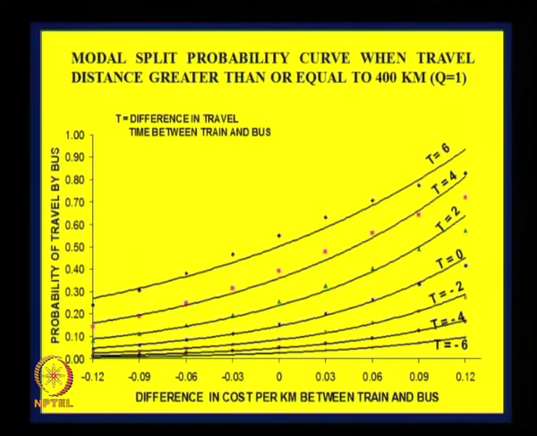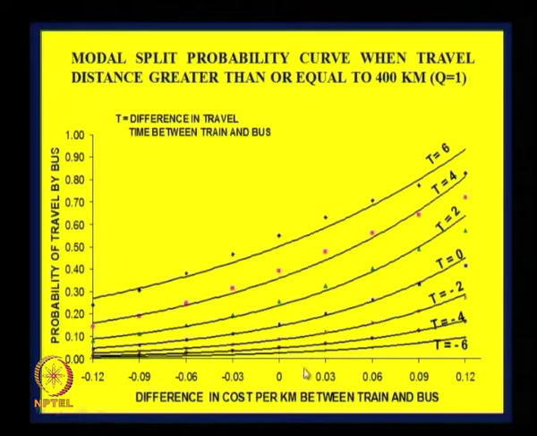I gave an example of railways desiring to increase the fare in such a way that the fare difference or the cost difference becomes 0.06 from the earlier value of 0.03.